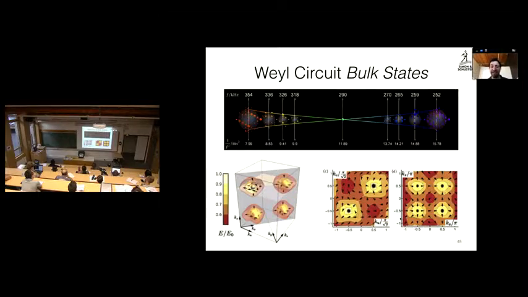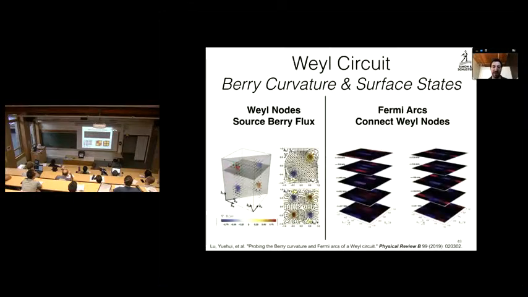So we can really see these Weyl points, and we can even see that the spin texture is exactly what you expect: it points into some of the Weyl points and out from other ones.